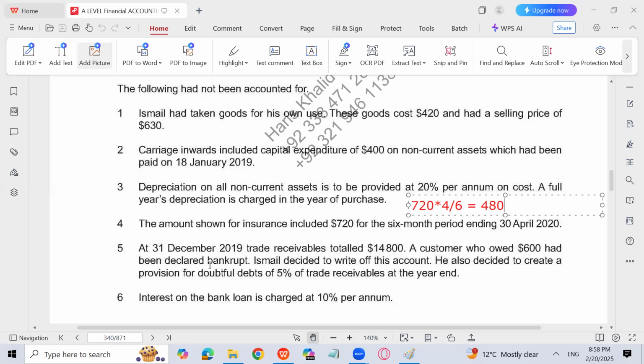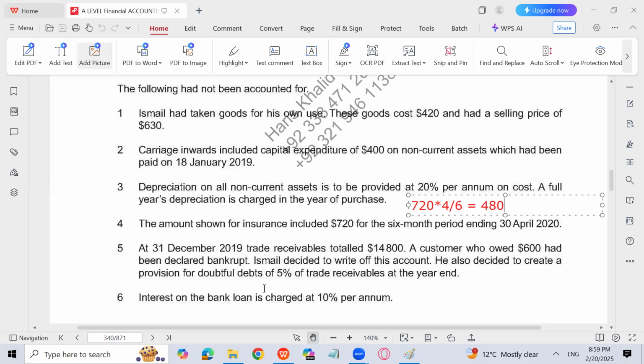At 31st December, trade receivable total 14,800. A customer who owed 600 had been declared bankrupt, so they are irrecoverable debts, which should be shown under the heading of expenses. And then we need to create a provision of 5% on the remaining trade receivable. So 14,800 minus 600, 14,200 into 5%.